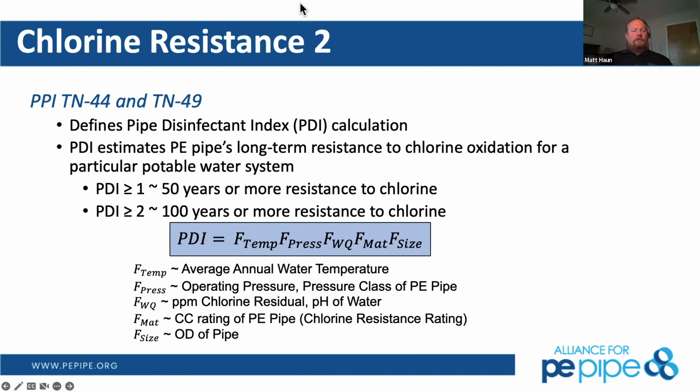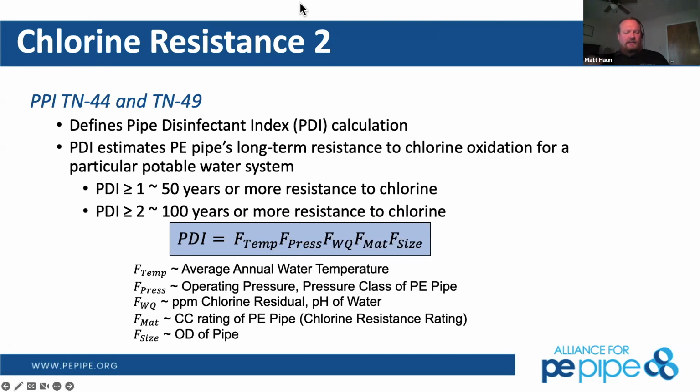The model takes into account different conditions, from the average annual water temperature to the operating conditions, to the water quality, which could be the residual chlorine or the pH of the water. Then also size: if you've got a larger pipe, you're probably going to be less affected, and the smaller you get, the more sensitive that pipe product is going to be to the exposure. So we want to be able to evaluate everybody's conditions.